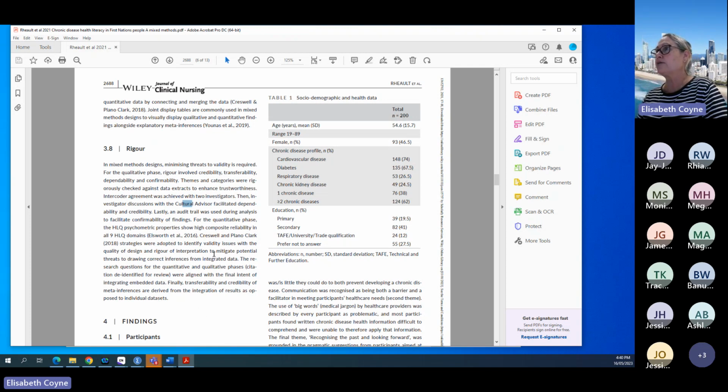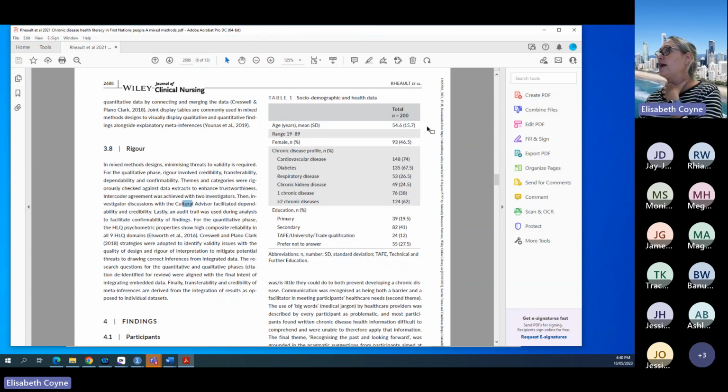They did audit trails, and they used reliable surveys. You could have a look at that survey, because then you might be able to comment that this was an appropriate survey. They de-identified the different data phases and then moved them together.